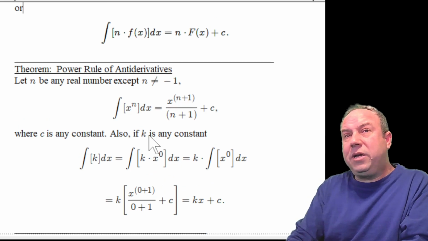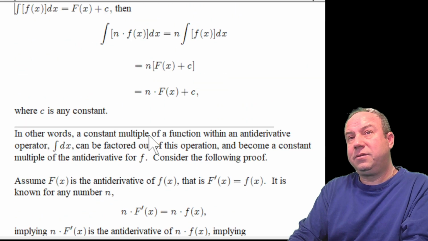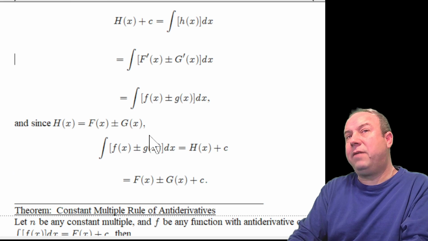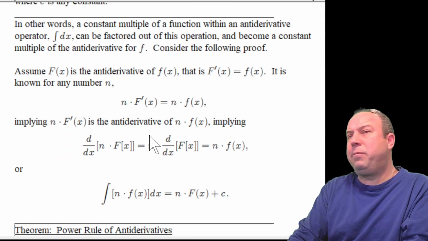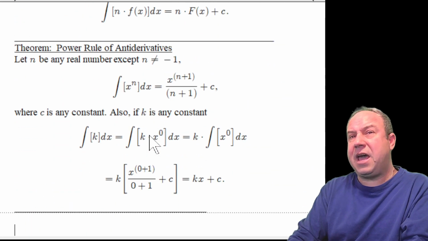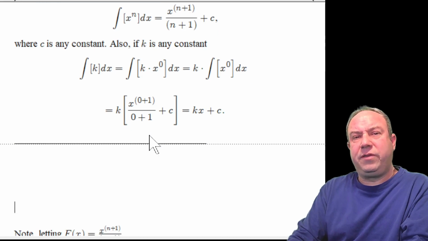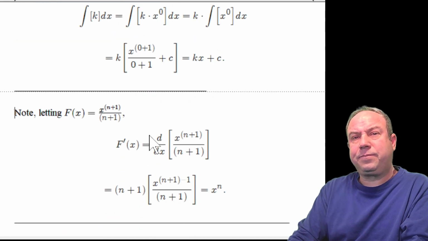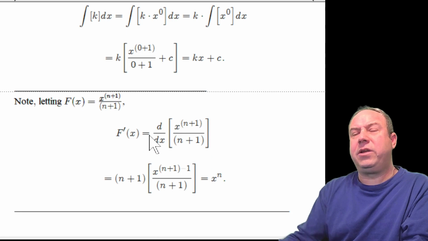Now, these three theorems above can be used to find the antiderivative for any polynomial, and we will see that. Now, I do want to give you a proof of this theorem. Quickly, a note here.